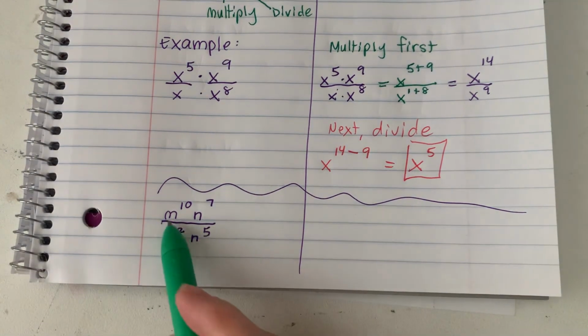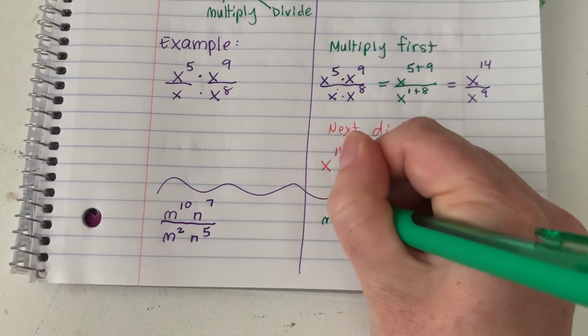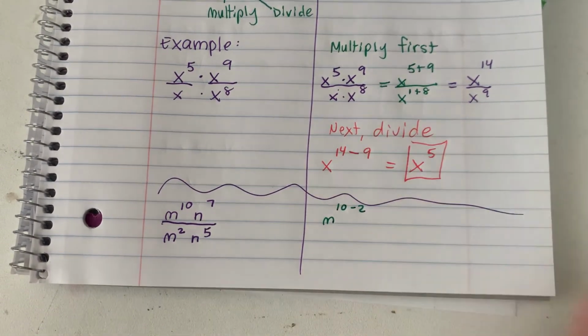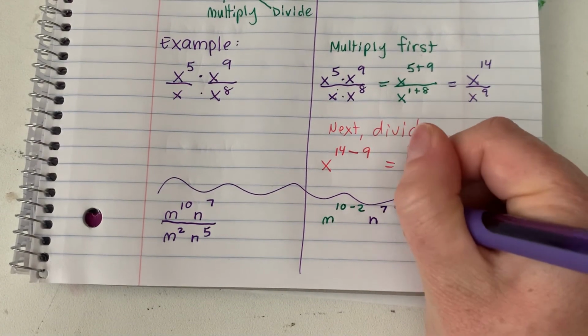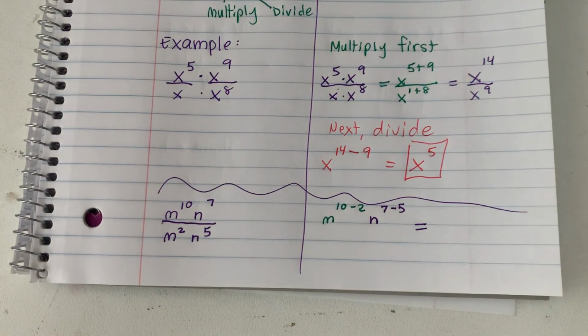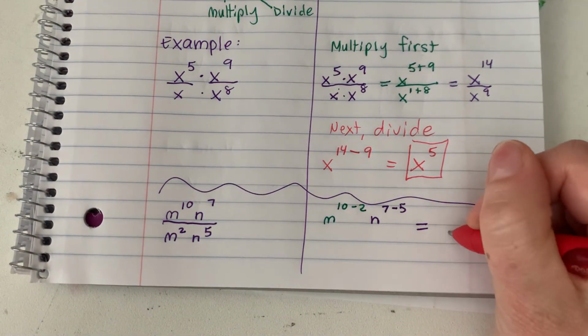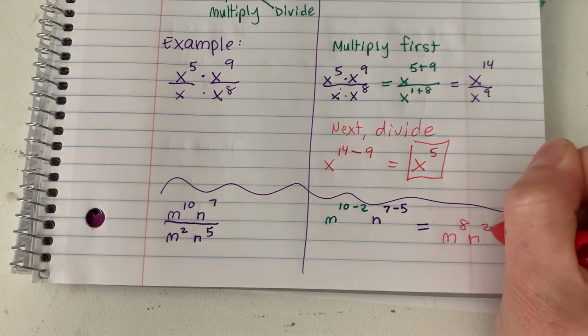Remember, if the bases are the same, you can apply this. So we have m 10 minus 2 times n to the 7 minus 5. And that gives us an answer of m to the 8th n squared.